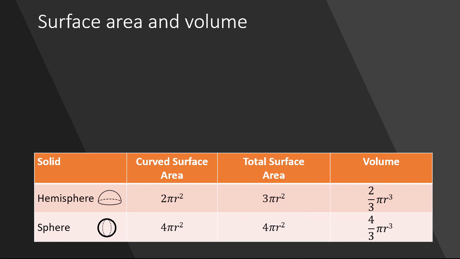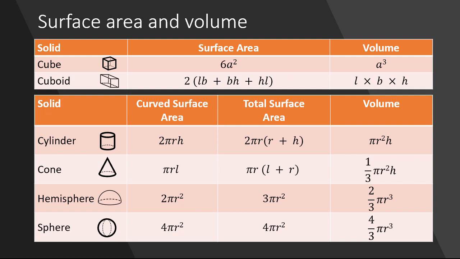When we simplify, we see that hemisphere area is 3 pi r square and sphere area is 4 pi r square. If you look at all of them together, there are lots of formulas to remember, and there is a relationship between them. I strongly recommend that you use the relationship so that you only remember a few of them, and the rest you can derive.